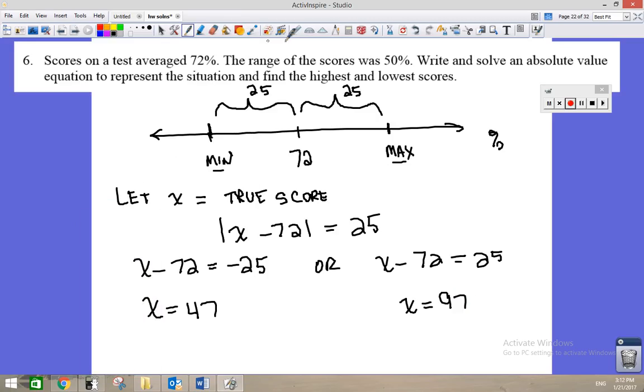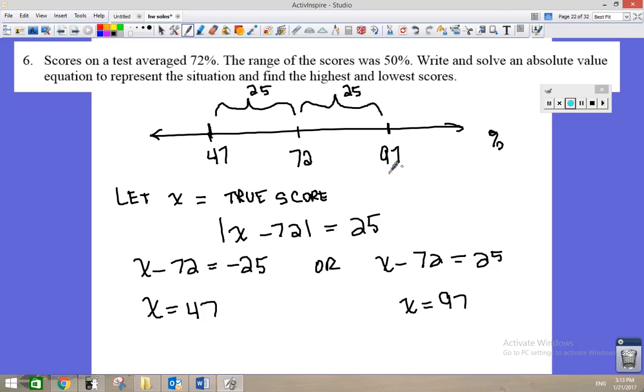Okay, so if it's true that we have a bunch of scores and their average was 72, and we looked at the highest score and the lowest score, and that range of values was 50, then we've just figured out that the maximum score had to be a 97 and the minimum score had to be a 47 in order for this to be true.